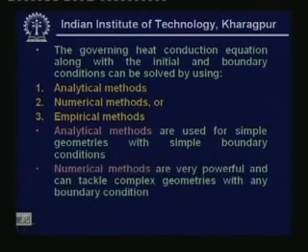Whereas numerical methods are very powerful and they can tackle complex geometries with any boundary condition. This is the advantage of numerical methods. You can use them for any shape of building or any type of boundary conditions. However, numerical methods are in general more time consuming, and they are not 100% accurate, unlike analytical methods.